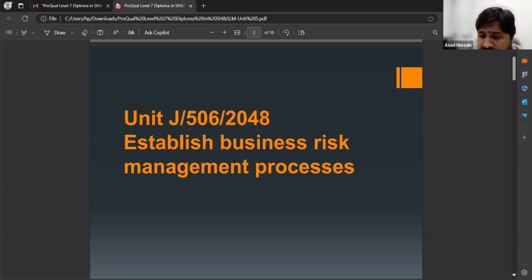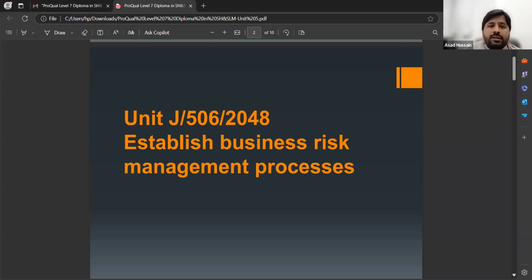The aim of this unit is to assess the level of knowledge a learner, a candidate, has with regard to business risk management processes and procedures.